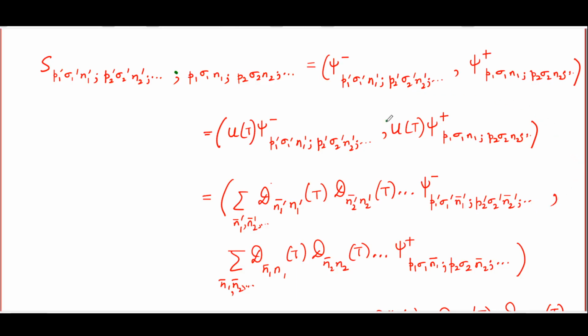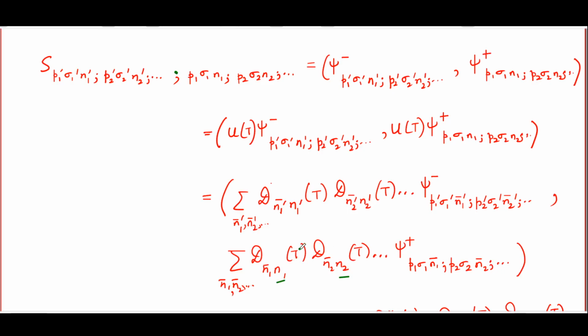Similarly, for the incoming particle states which had particle species labels N1, N2 and so on, you now have a combination where the particle species labels have been replaced by N1 bar, N2 bar and so on, and you are going to sum of course over all N1 bar, N2 bar. The N1, N2, the original particle species labels of course are still there as one of the indices of the matrix elements.